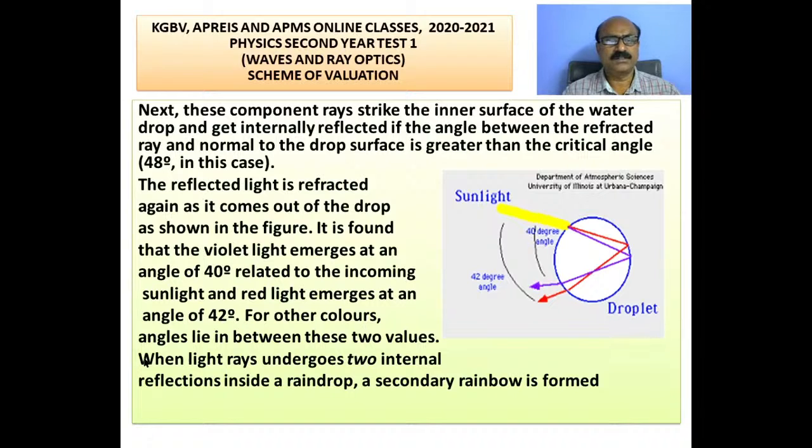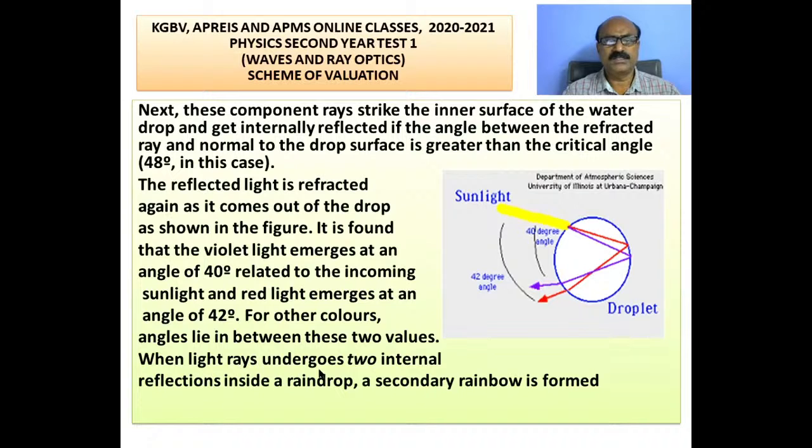For other colors, angles lie in between these two values. So the extreme value is 42 degrees and the lesser value is 40 degrees, a difference of 2 degrees. So angles lie in between these two values.